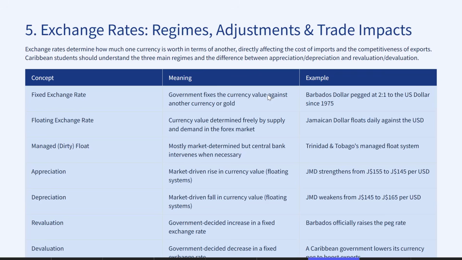So US to EC is how much again? 2.7. $1 US is worth $2.70 EC. That is what the exchange rate is. We're comparing one currency and what it's worth to another. One EC is $2.50 TT.